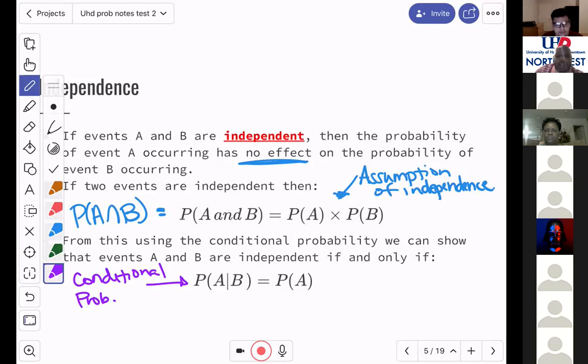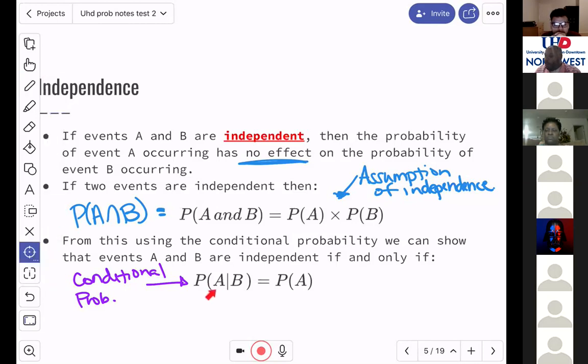If events A and B are independent, then A given B, that is, given that B has occurred, should have no effect on A. What that really means is that this should still be equal to just A occurring by itself. These two things should be equal to each other.